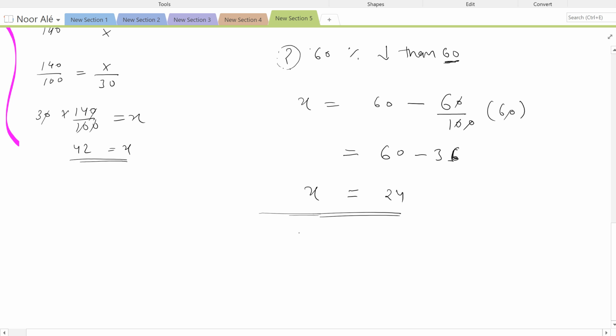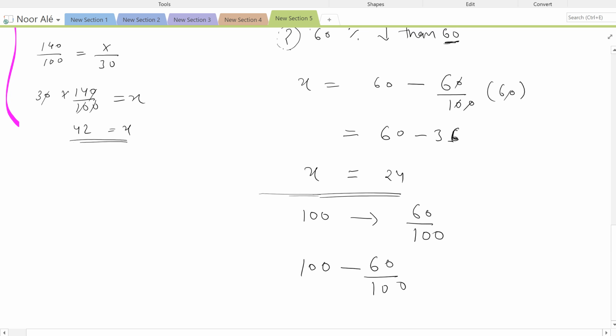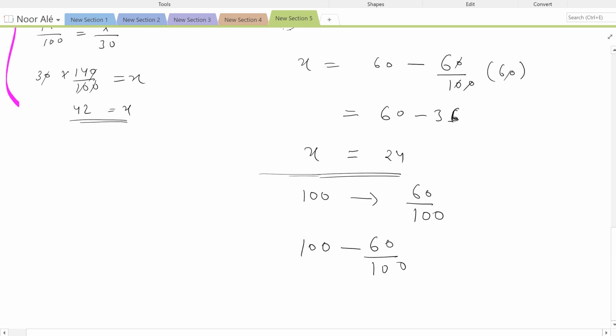another way of doing it is, let's say the amount is 60. Now the 60% of that is going to be 60 out of 100, and you're taking 60% away from that. That means 100 minus 60 over 100, right? Now we know that 60% of that is going to be 0.6. Wouldn't it be 40?